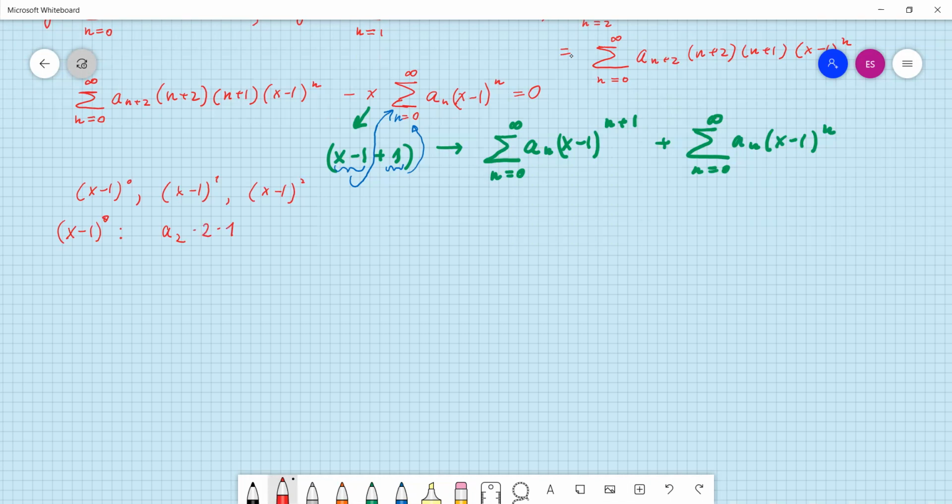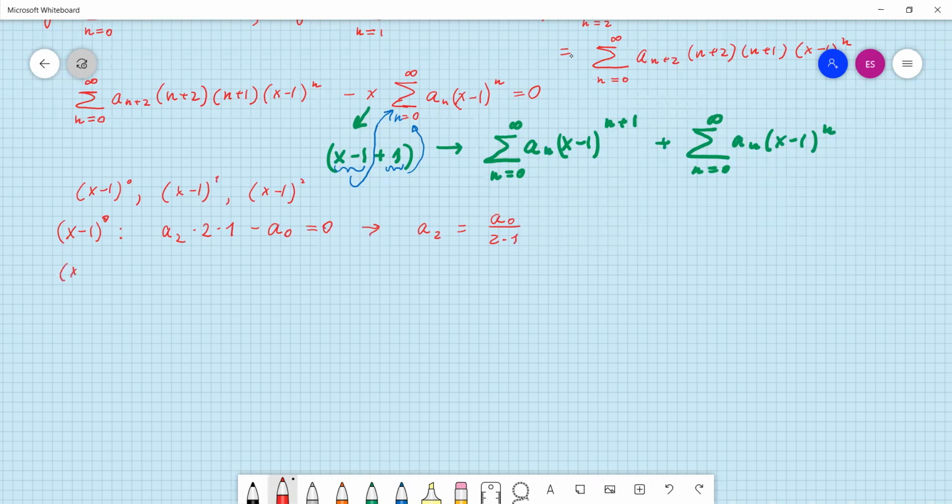This one, if n equals 0, we are going to have a0, so minus a0. Why do I have minus? Because I had minus in front of the whole expression, right? It equals 0, and I can solve it. I can write down that a2 equals a0 over 2 multiplied by 1. Nice, right? You can write it as divided by 2 if you wish.